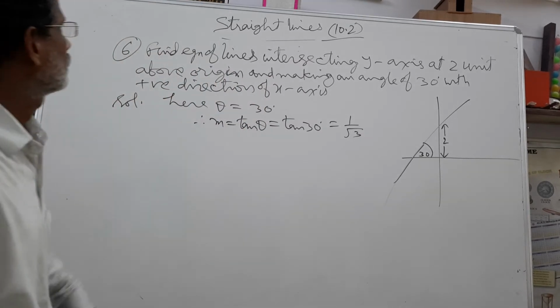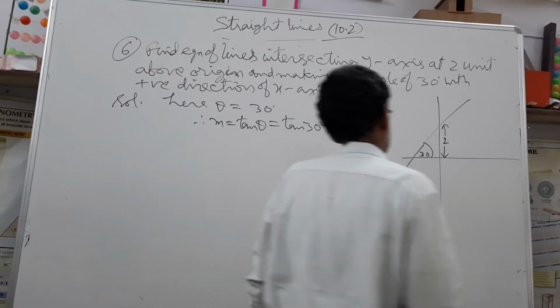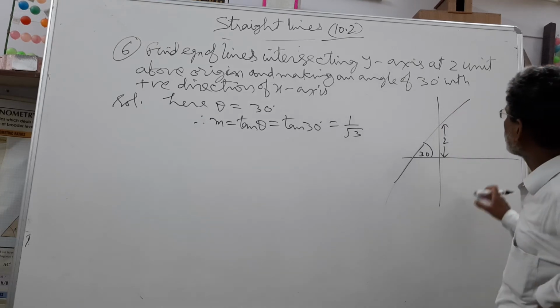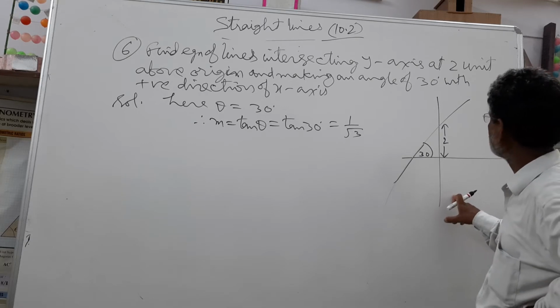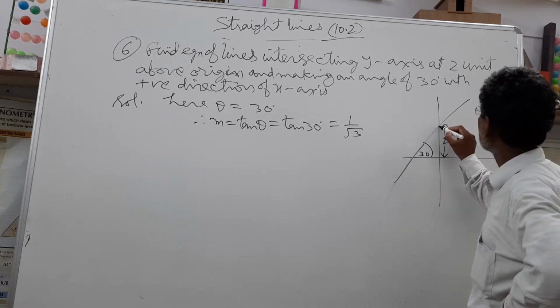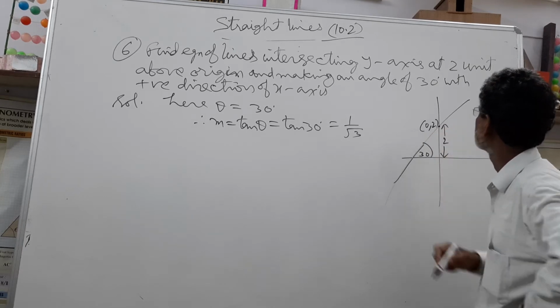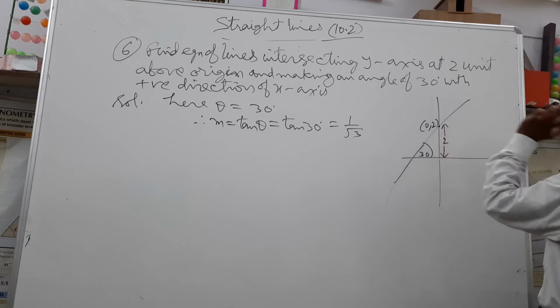Now we are required to find a passing point. As you know, x coordinate of any point on y-axis is 0. So therefore coordinate of this point will be 0, 2. X is 0, y is equal to 2.